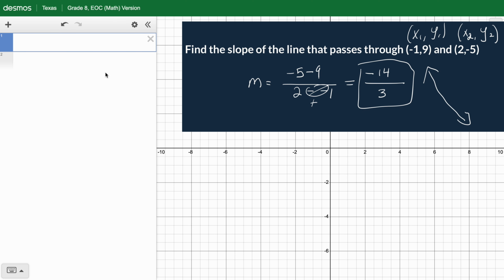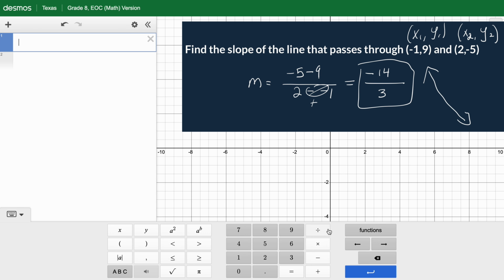So here we are in Desmos, and we're going to find the slope of the line that passes through -1,9 and 2,-5. And so we already found it. We found it was -14 over 3, but we're going to see how Desmos can help us simplify once we have our equation set up here. So you can either click the question mark key on your computer or the division sign here, and that'll set up your fraction.